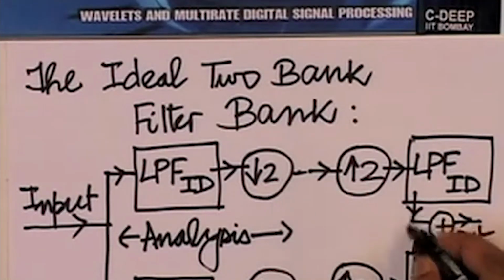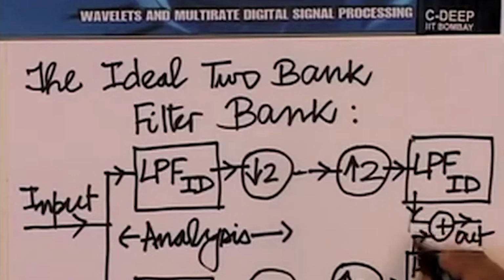So, here I have just marked the outputs to fit into the drawing. The output from this and the output from this are added together and produce the overall output. This is the ideal 2-band filter bank.